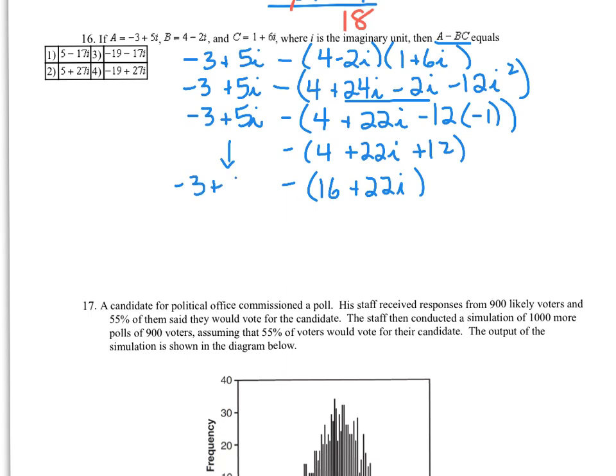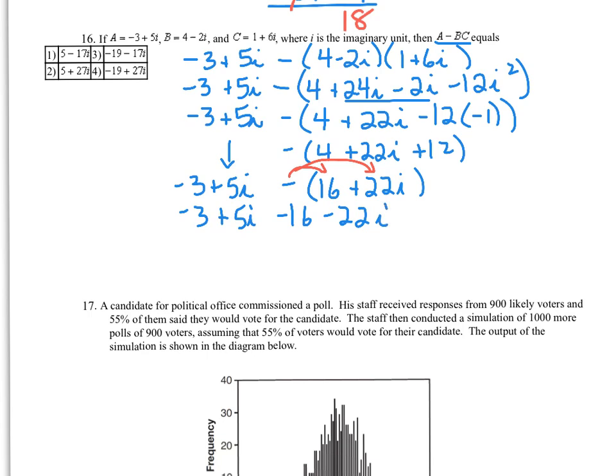Negative 3 plus 5i. Okay, so now is when I would like to distribute that negative through to everything. And I could have done it earlier, but I like to simplify things first. Doesn't matter though. So we're going to get negative 3 plus 5i minus 16 and then minus 22i.